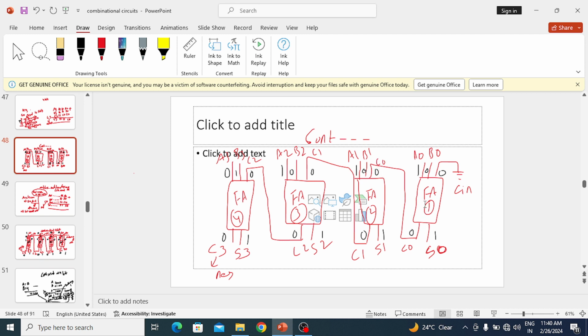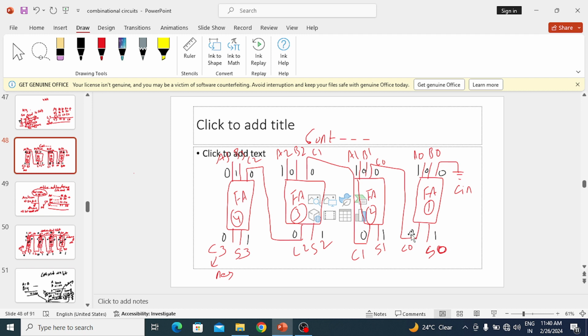Until this adder does the addition and provides it, we cannot know it in a normal ripple carry adder. But if we know this value beforehand, it can do the addition without waiting.